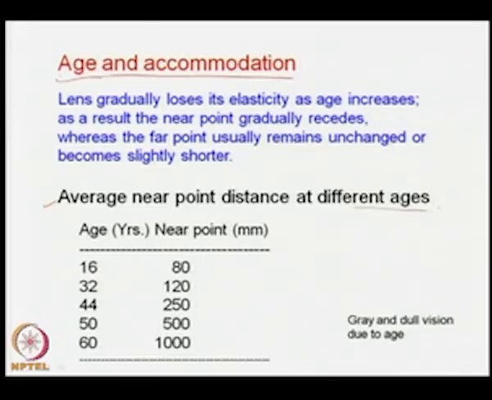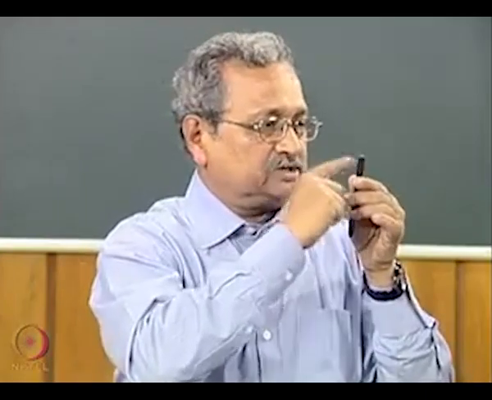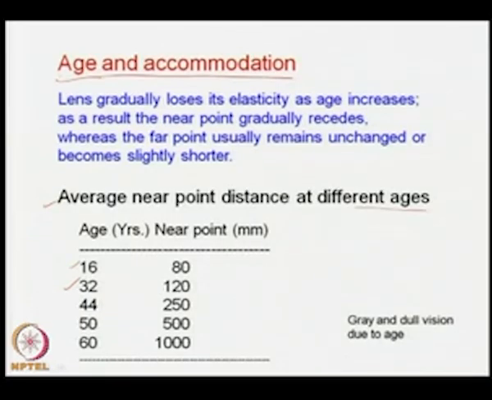In a specific group, this may also vary with different conditions. But as an example, at around age 16 years, the near point may be 8 centimeter, or 80 millimeter. At around 32 years, it increases to around 120 millimeter.